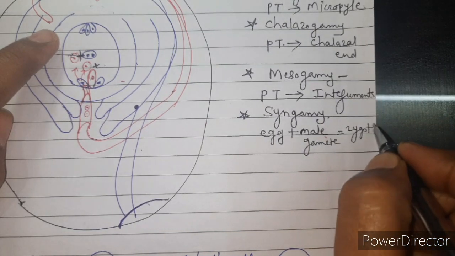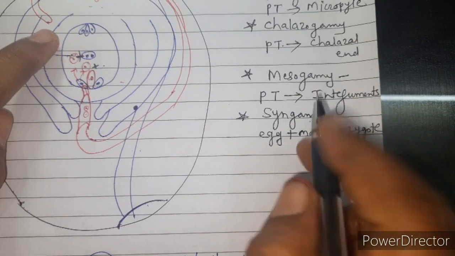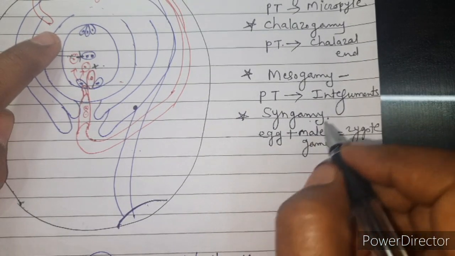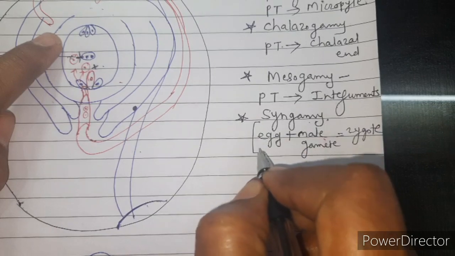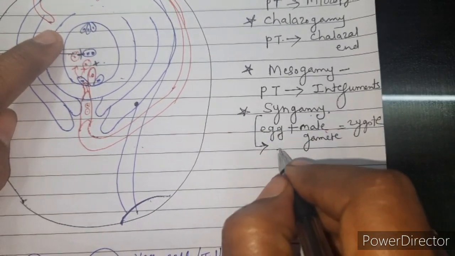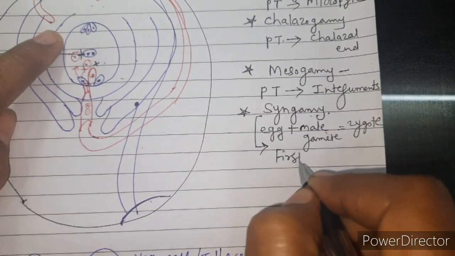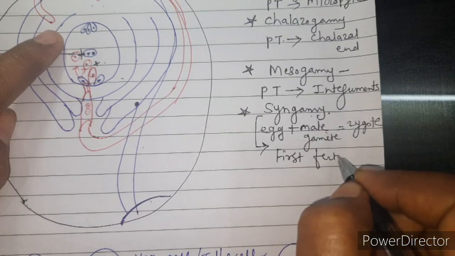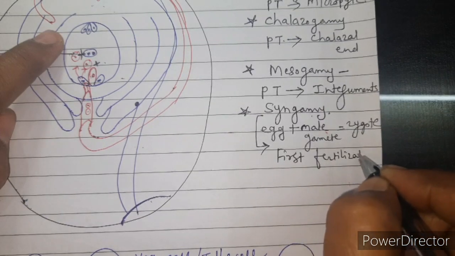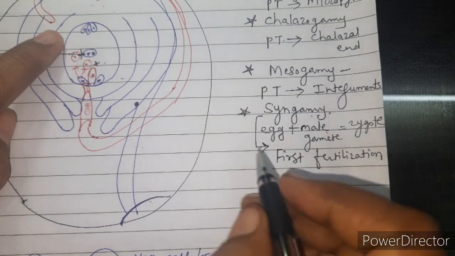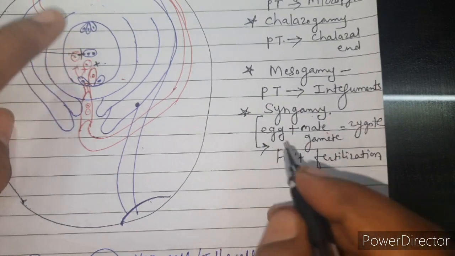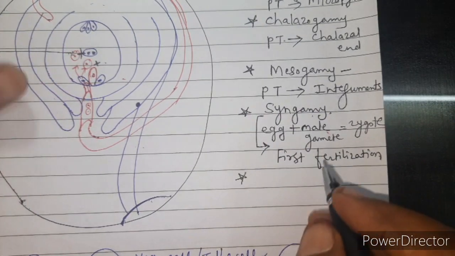This process is called syngamy. Syngamy is also called first fertilization. Actually, it takes place first, and then the second fertilization takes place.